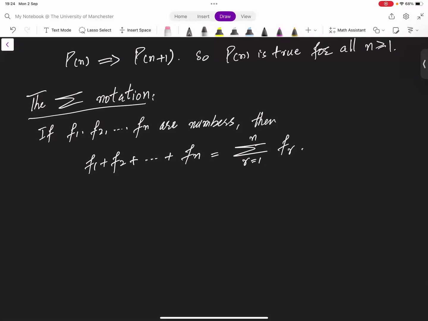For example, if fr is 1 over r into r plus 1, the sum can be opened as 1 over 1 dot 2 plus 1 over 2 dot 3 plus up to 1 over n into n plus 1.